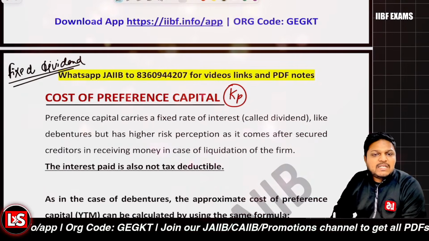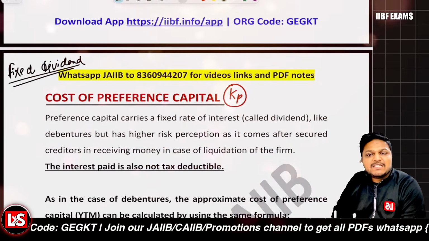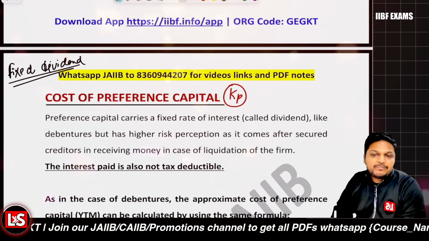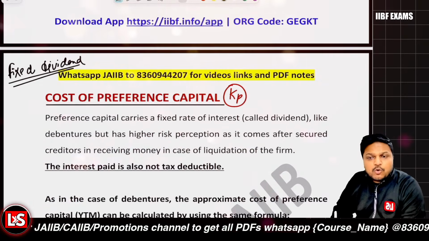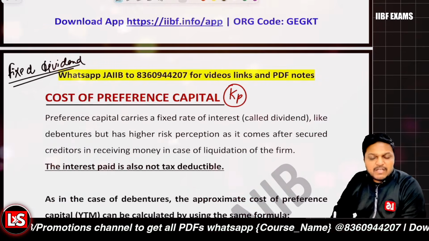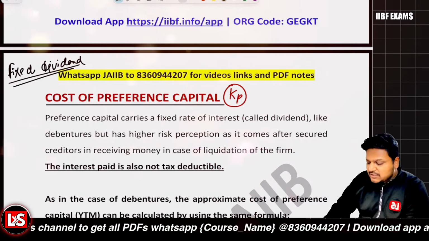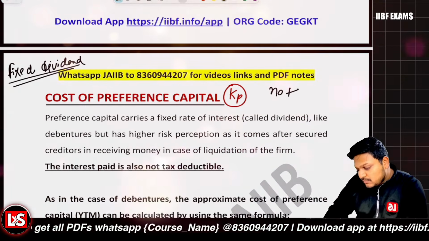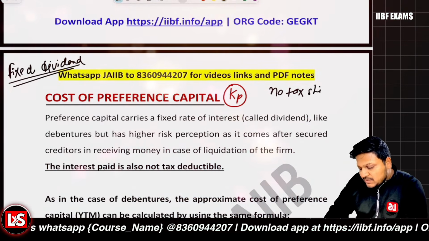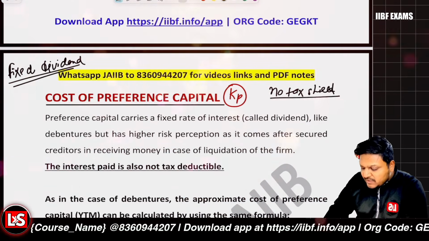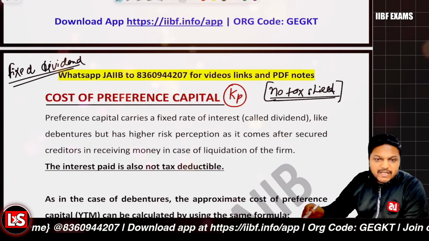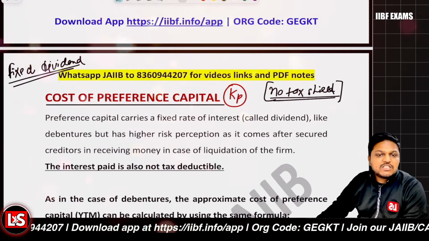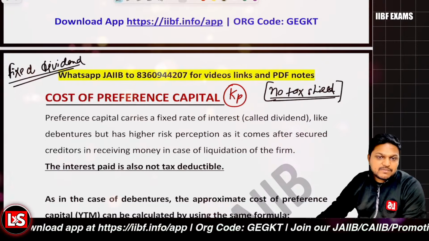And whatever dividend on the preference share is paid is non-tax deductible. So no tax shield benefit is available on the dividend which is paid on the preference shares.